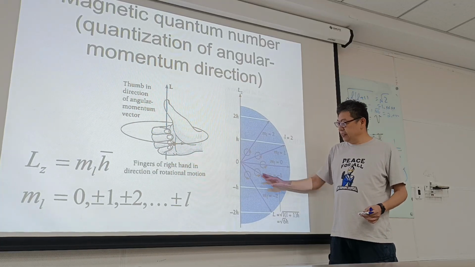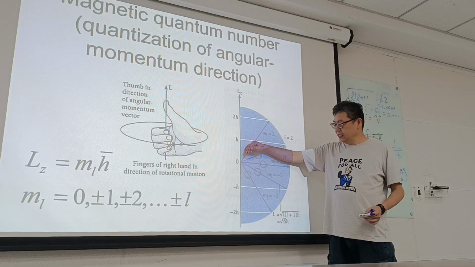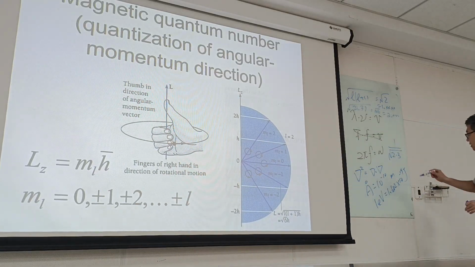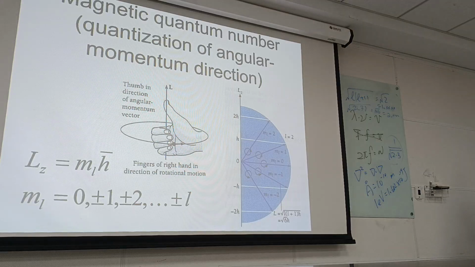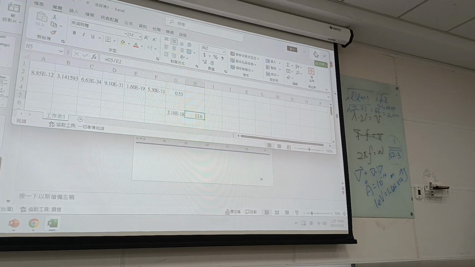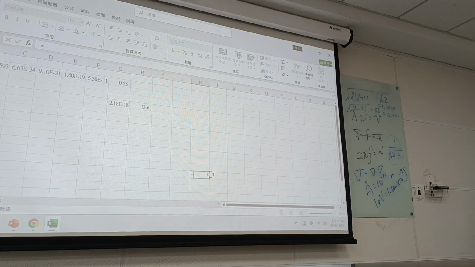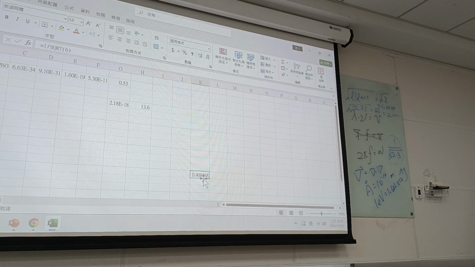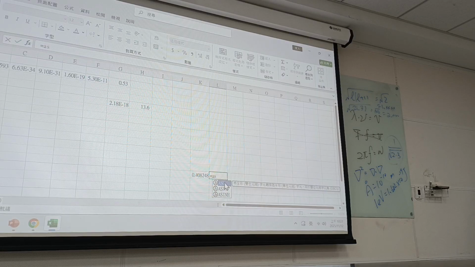Can we get this angle? Sine theta equals this over this, right? So sine theta equals 1 divided by square root 6. How do I get theta? Theta equals arc sine of this.